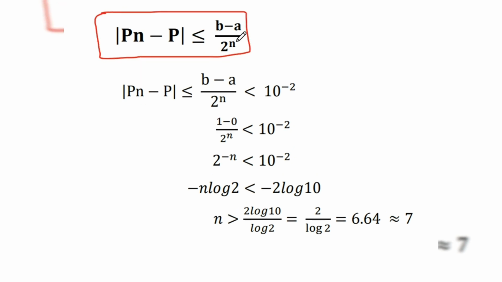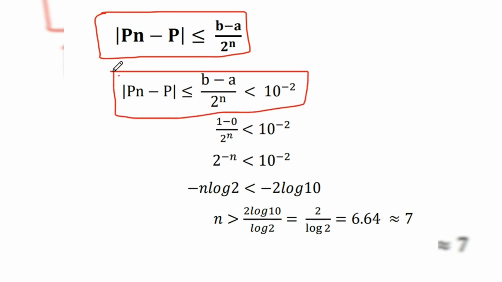For a more accurate solution, this distance should be very small. In the problem, the precision is given as 2 decimal places from the root.